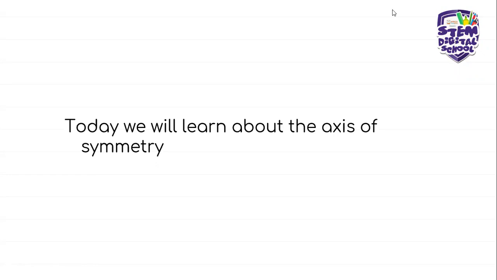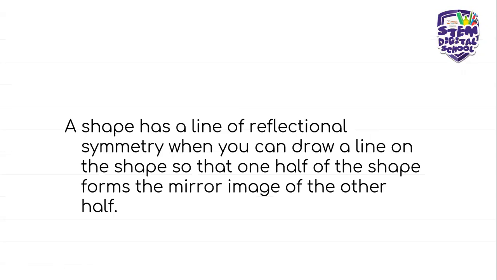Now, without any doubt, I'm just going to define our key word here, which is symmetry. And we define symmetry as follows. We say that a shape has a line of reflectional symmetry when you can draw a line on the shape so that one half of the shape forms the mirror image of the other half.